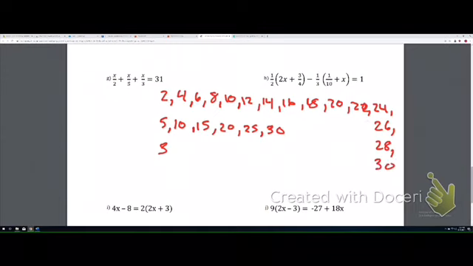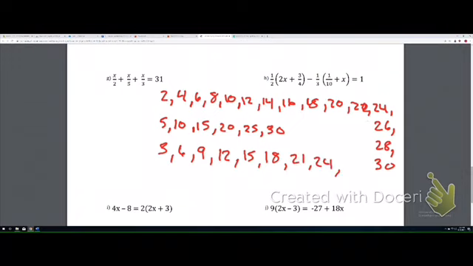And then we'll go by 3s: 3, 6, 9, 12, 15, 18, 21, 24, 27, and 30.